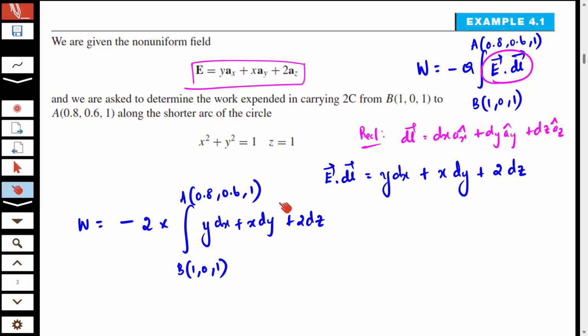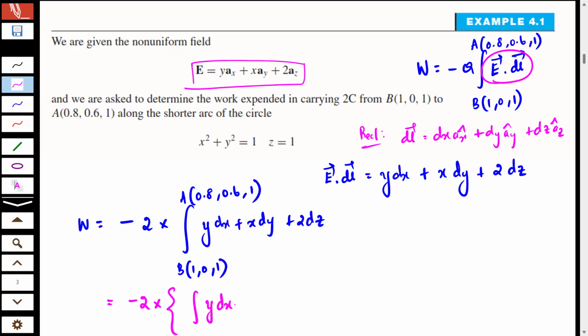So we can write this as three line integrations in summation, one for each variable. So let us write this as minus 2 into the integration of y dx, the next integration is x dy and the next integration is 2 dz.